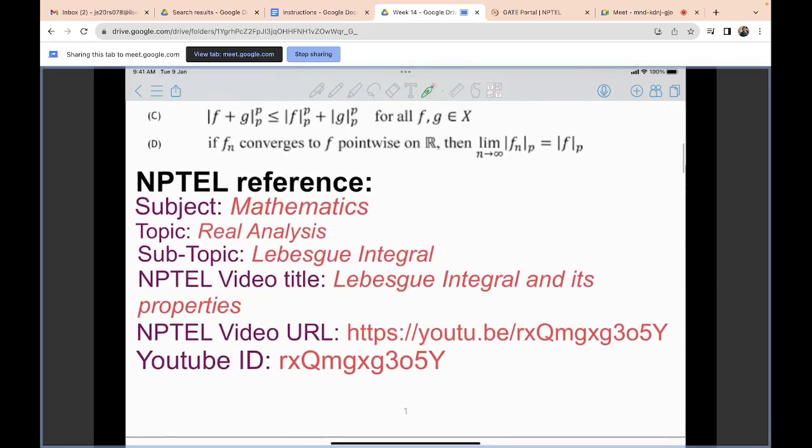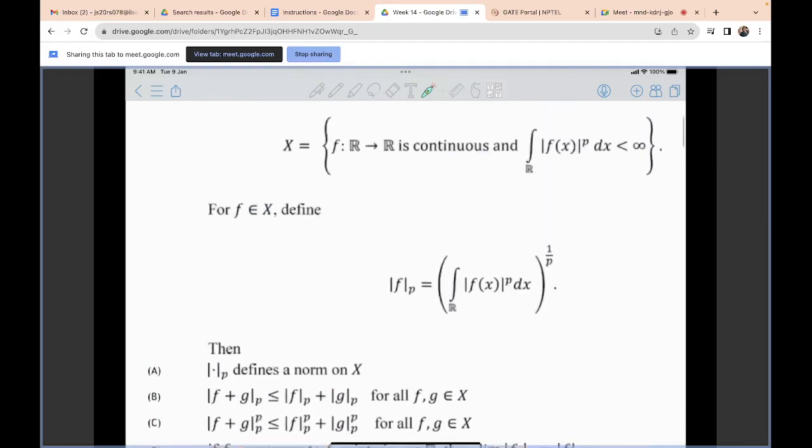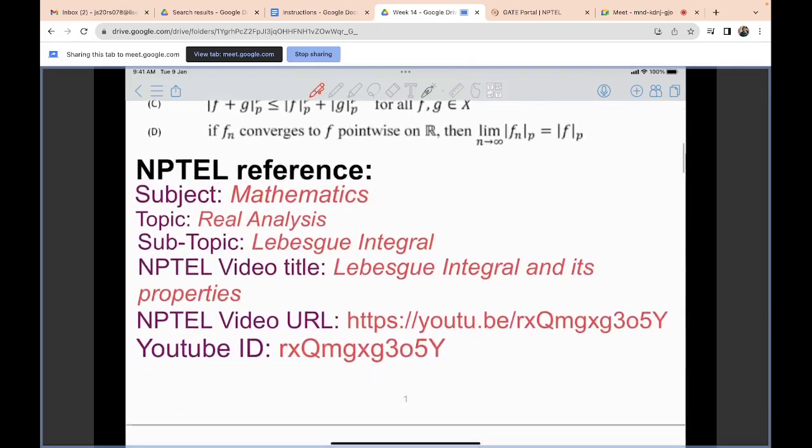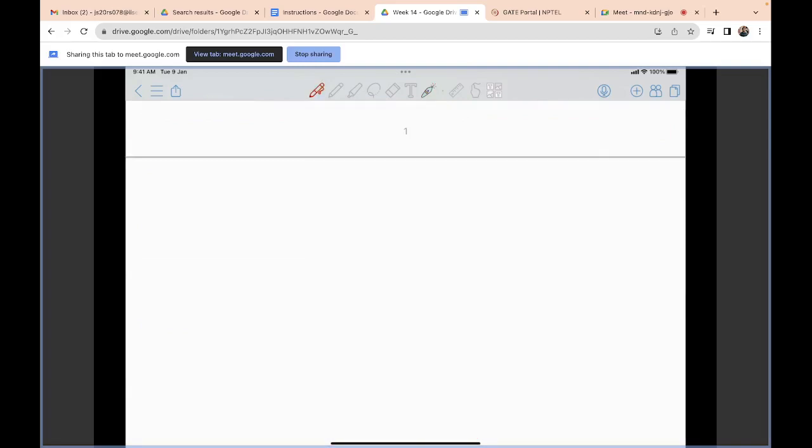Okay, so this is the NPTEL reference for this question that you can also check. Okay, so let's start solving this one. So what is X?